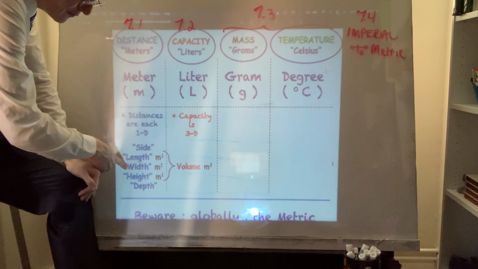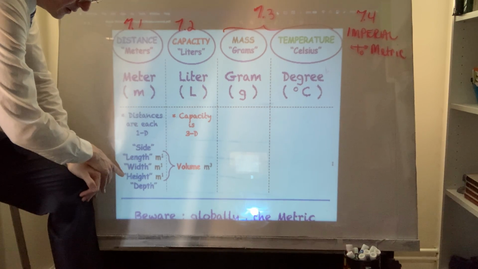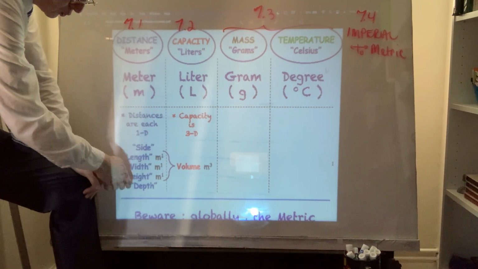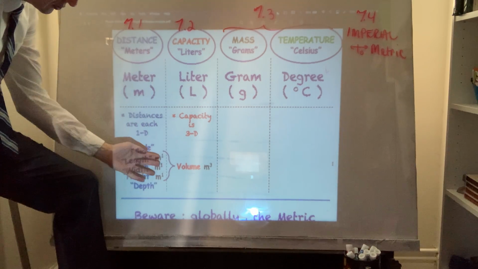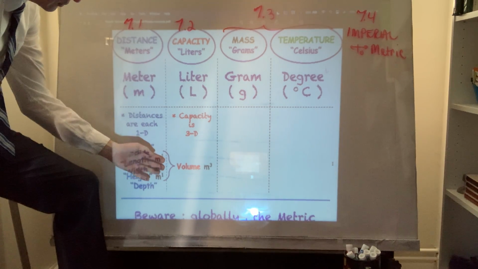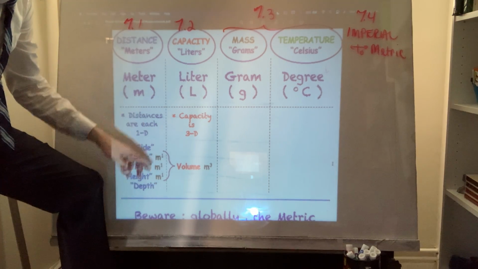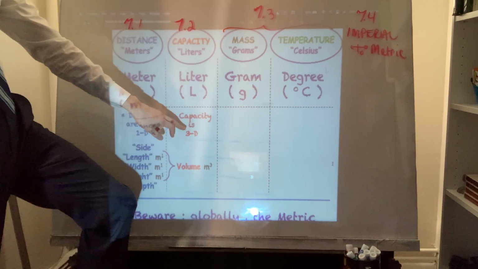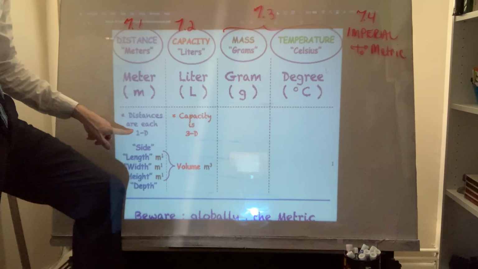And then in theory, if you have something that is three-dimensional, you might add a third dimension that is still one-dimensional each, a height, or a depth. It's usually these three labels that are considered when we're talking about something that's a volume, right? And that again is a capacity, right? Capacity is three-dimensional, distances are just individually one-dimensional, right?